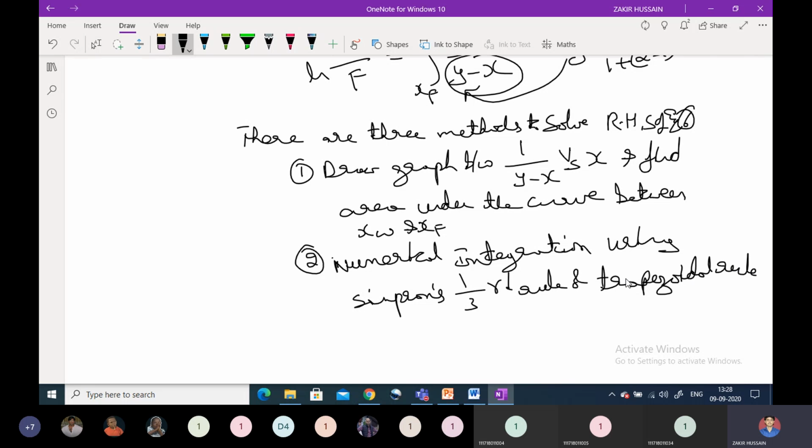I hope you have already done the numerical integration in your mathematics course. So these two rules are there in order to evaluate the integral values numerically.